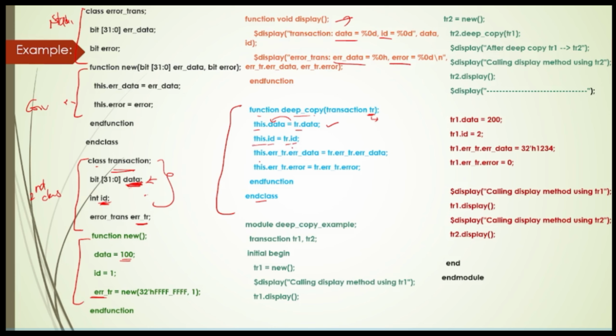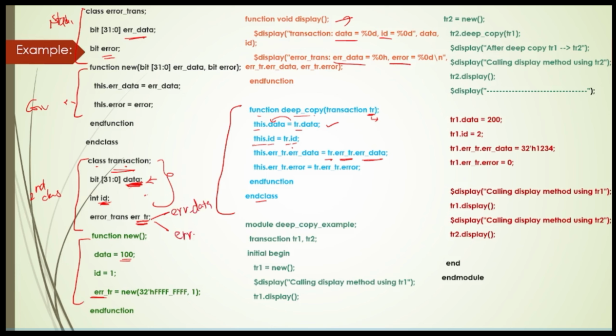Similarly, whatever is there in tr.err data. What is this? tr is nothing but transaction. This is my transaction, and within my transaction I have the error transaction handle. Internally this error transaction has two internal objects. What are those? Error data as well as error.